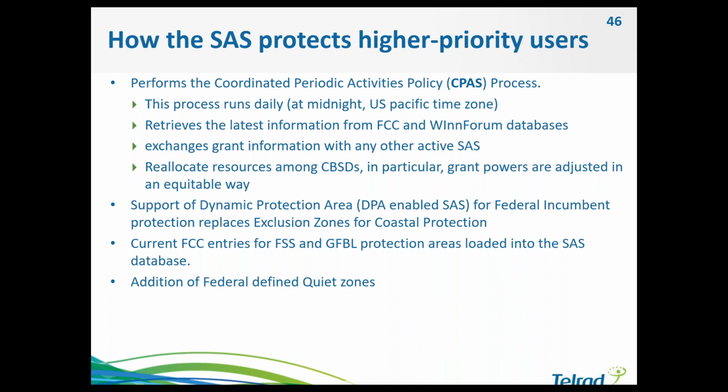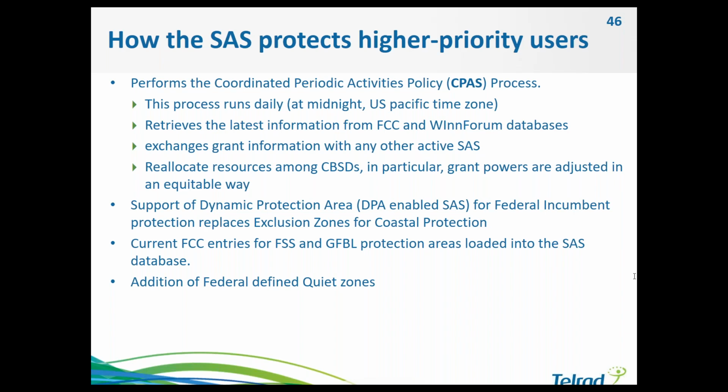How does SAS protect high priority users? They perform different activities. One of them is called CPAS, which is a coordination between the SASs. They do it every night, starting at midnight Pacific time, and it can take a few hours.